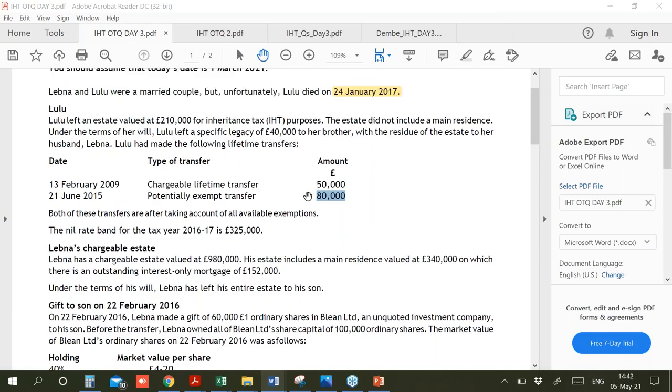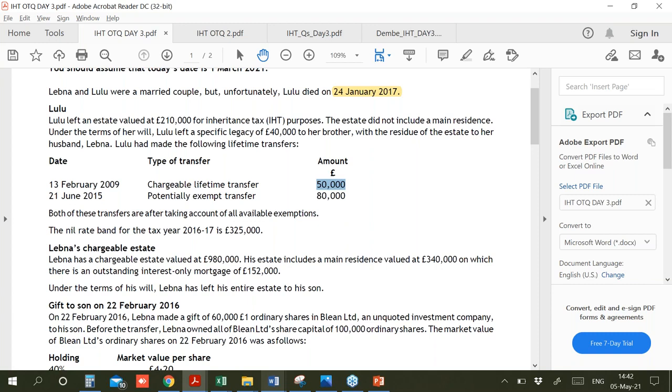40,000 and 80,000. These two amounts will be used, and 50,000 will not be used as this is before 7 years. So this has been exempt on her death, so it will not use the nil rate band. The only two amounts that would have utilized the nil rate band were the ones that are chargeable on her death.